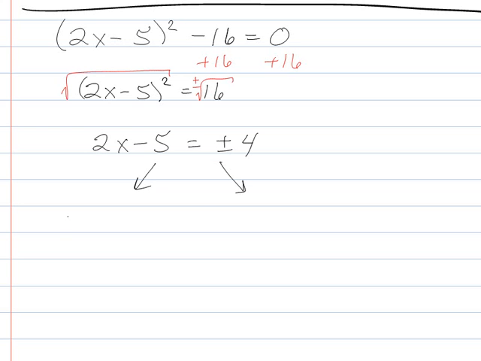Now I'm going to have to break it down into 2 separate parts. 2x minus 5 equals plus 4 or 2x minus 5 equals minus 4. Add my 5 to both sides.